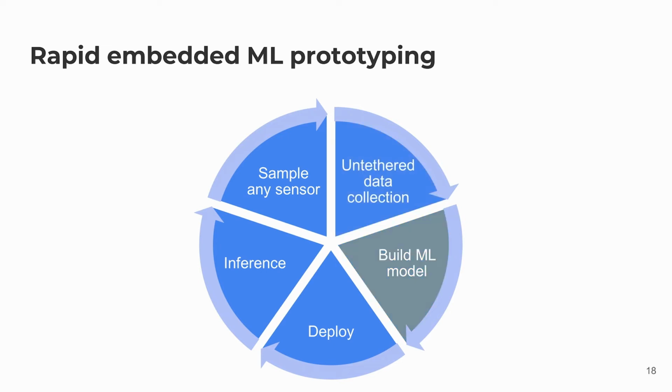From there, you follow Edge Impulse's documentation and you build your ML model. And once that ML model is built, it's already available for you to download and deploy via the app back to the Thingy53.